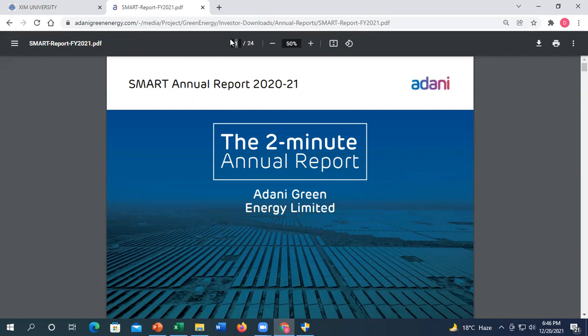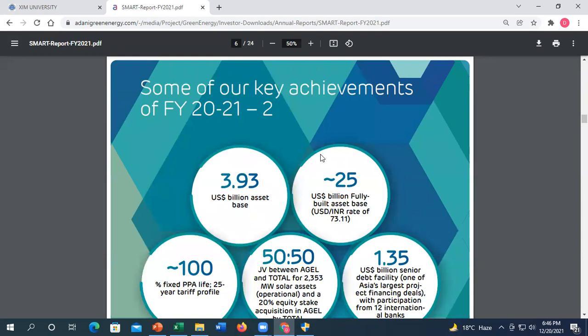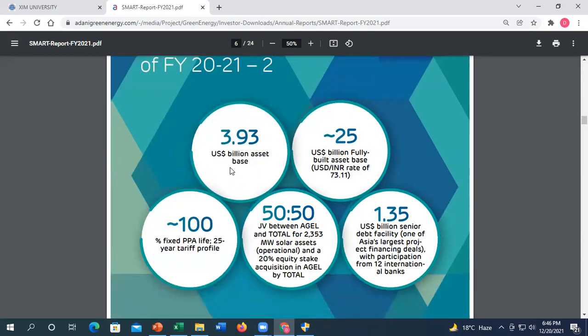So let us see some financials of the company. Some of their operational achievements. They have a $3.93 billion asset base, and they have $25 billion of fully built asset base, and they have 100% fixed PPA.